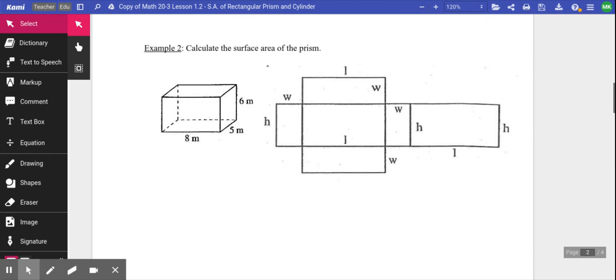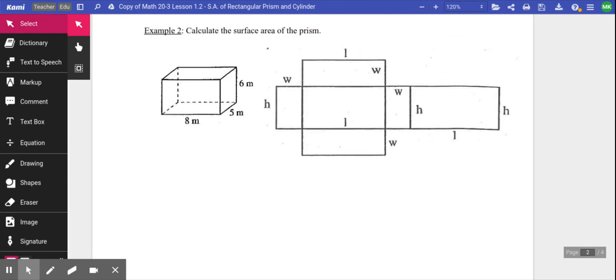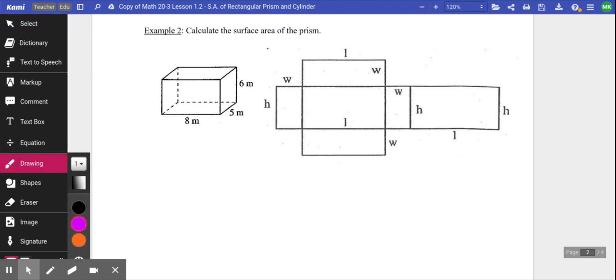All right, they got one here. Calculate the surface area of the prism. You'll notice that they don't have everything labeled out for you this time. So they don't have like this is area A, this is area B, this is area C. So I'm going to do it the way that I would probably do it, which is I'm going to calculate the top first. The top is the exact same as the bottom.